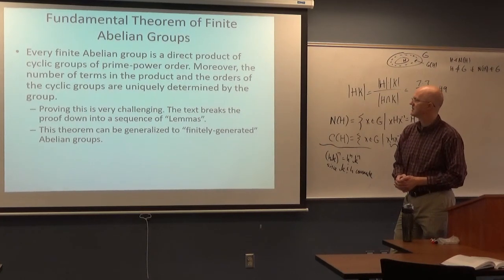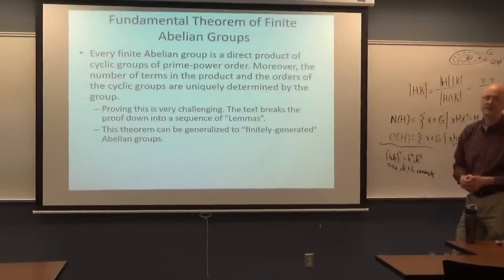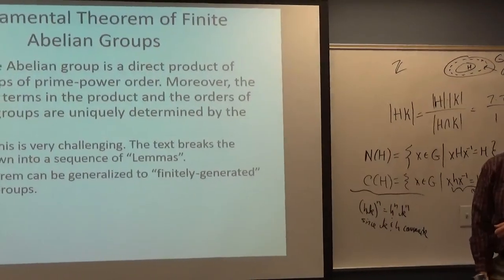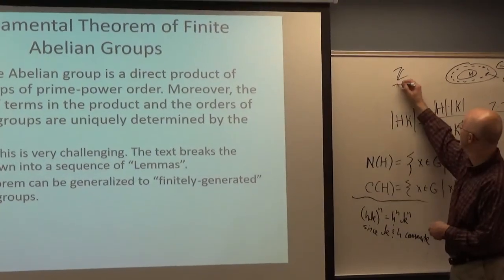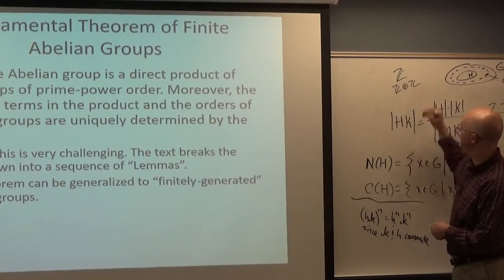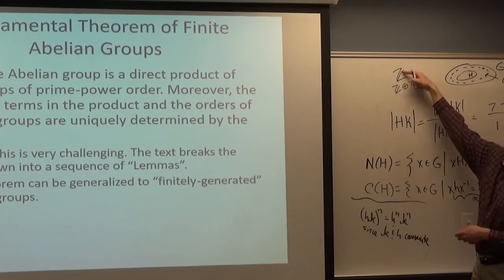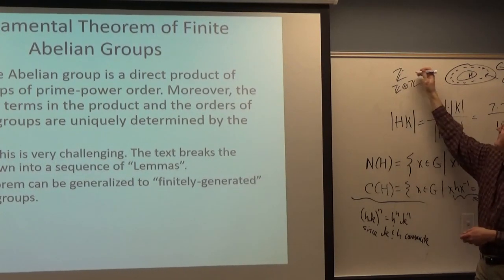Turns out this theorem can also be generalized to not just finite abelian groups, but what are called finitely generated abelian groups. I won't say what those are, other than just to allude to the fact that they include things like Z, which is cyclic, or the external direct product of Z with itself. Those are finitely generated. Maybe that's not so surprising. That's generated by one element.